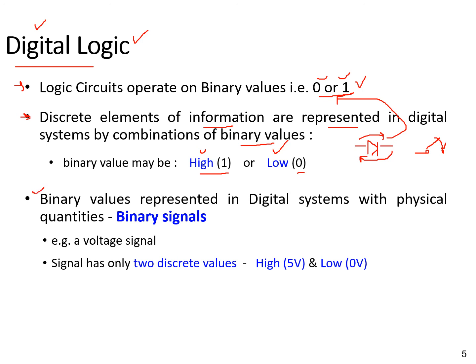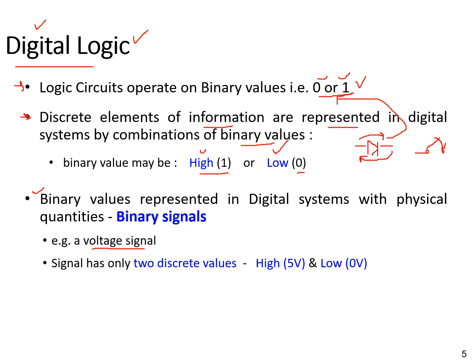Further, we can see that binary values are represented in a digital system with physical quantities. This 0 and 1 is a digital abstraction. It lies in our head; physically, it has nothing to do with it. What do these values, zero and one, physically represent? Physically, they represent certain voltage signals or voltage ranges.